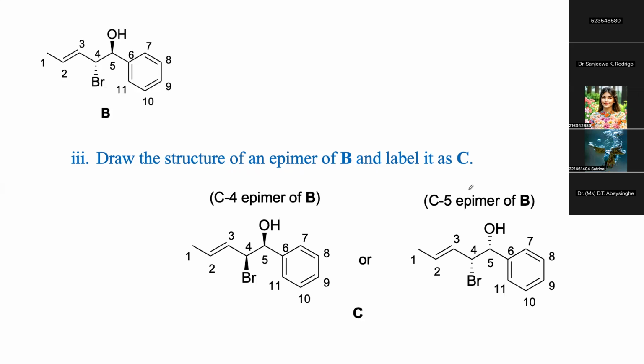There could be two epimers, because there are two stereogenic centers, so you can change either one of them.